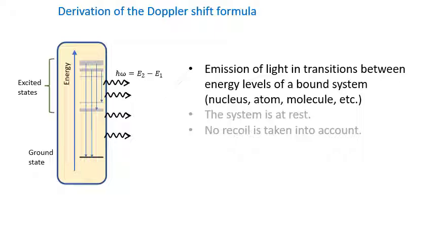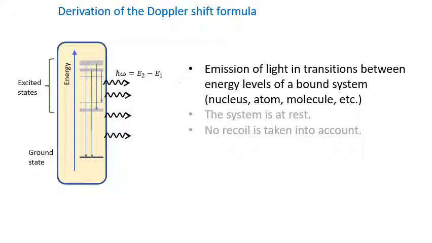Let us now see how Wigner's theory explains the Doppler shift of spectral lines. On the left, I showed a typical discrete energy spectrum of a bound system of particles. This could be a nucleus, an atom, or a molecule, whatever.